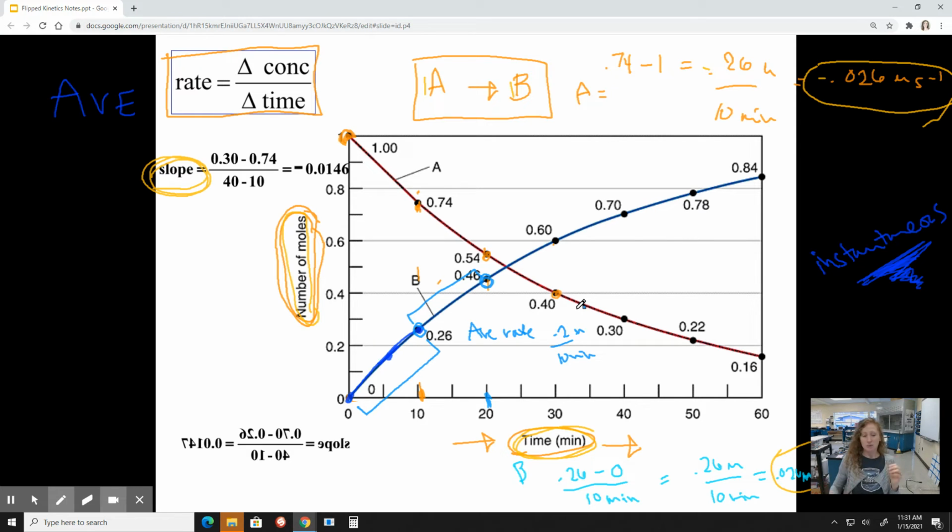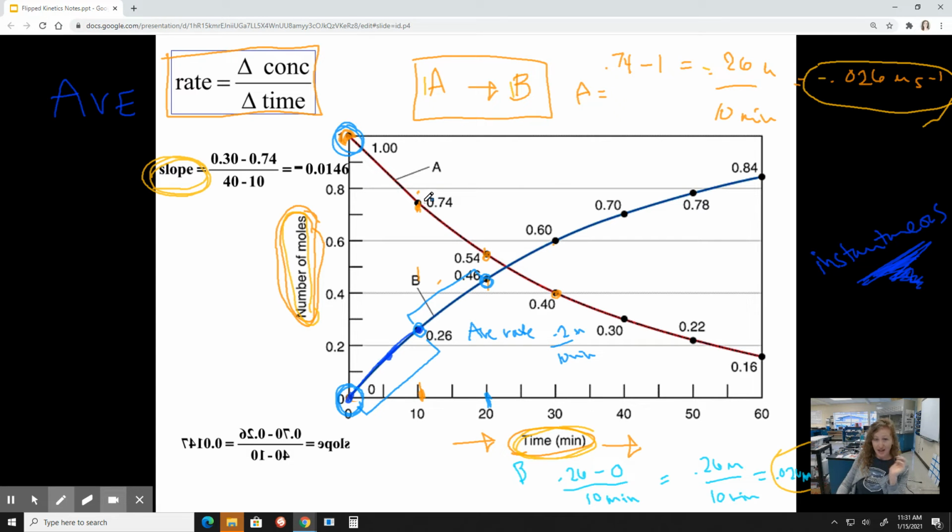Well, in the beginning of our experiment, we had lots of things present, right? We had lots of A present. So we have 1 mole of A present hitting each other, hitting the walls of the container, flying around, right?